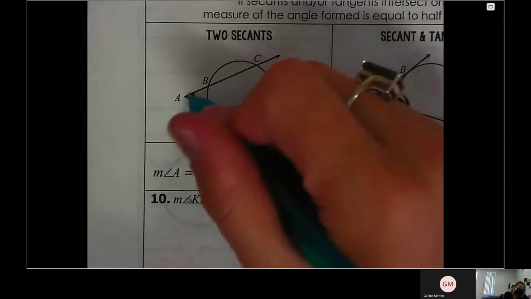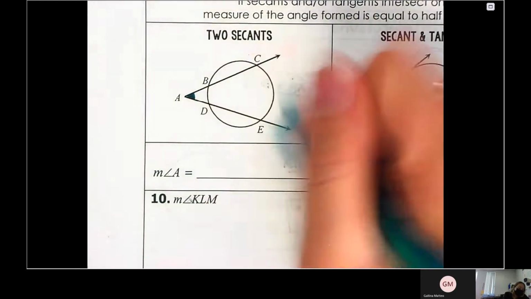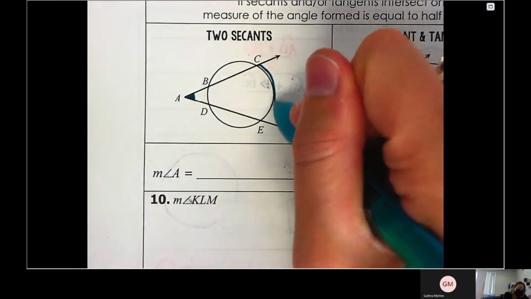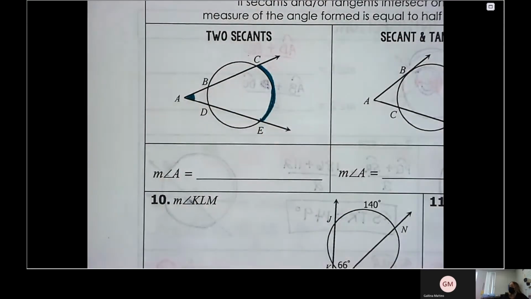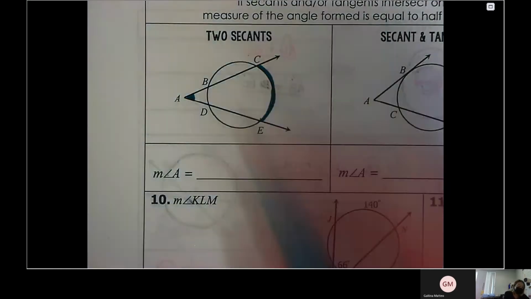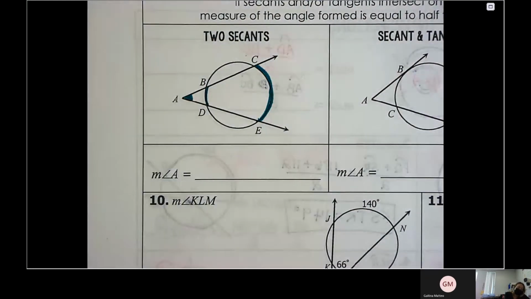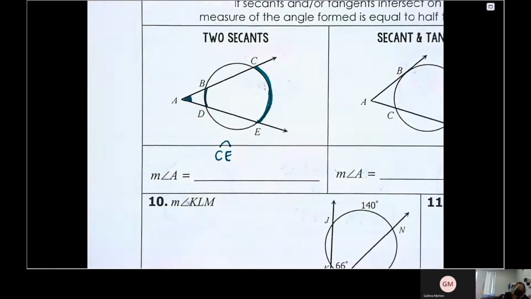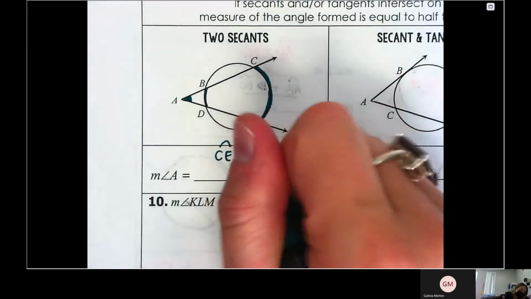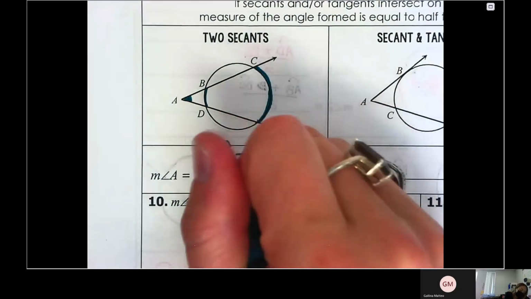So the larger arc, if you follow the arrows, is this arc right over here, CE. That's the large arc. What's the smaller arc that's intercepted? BD is the smaller one. So the formula for this picture is arc CE minus arc BD, divided by 2.